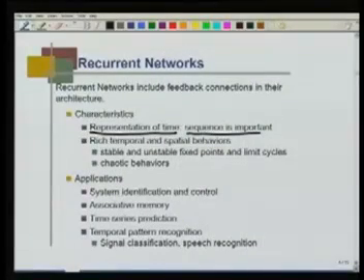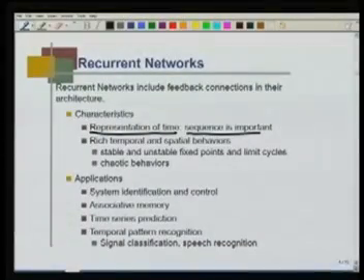It has stable and unstable fixed points, it exhibits limit cycles, chaotic behaviors, and many other rich dynamic behaviors that any nonlinear dynamic system exhibits, which a static network like a multi-layer network or radial basis function network does not manifest.